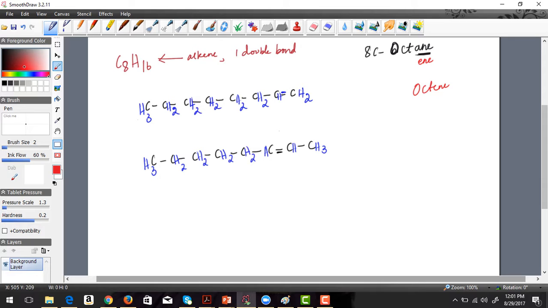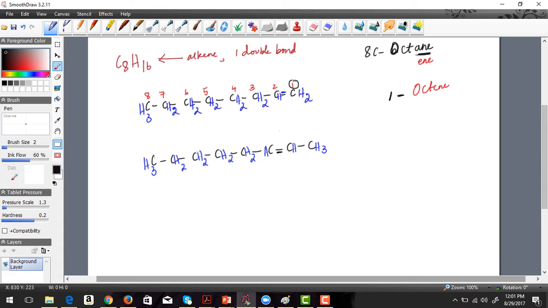Now we have to go for the numbering. So it's 1, 2. As I said, you always start from the side that contains the double bond. That's easy, so at least you won't forget that. It's between 1 and 2, and the number with the least value gets the preference, so it's the 1, and so it will be 1-octene.